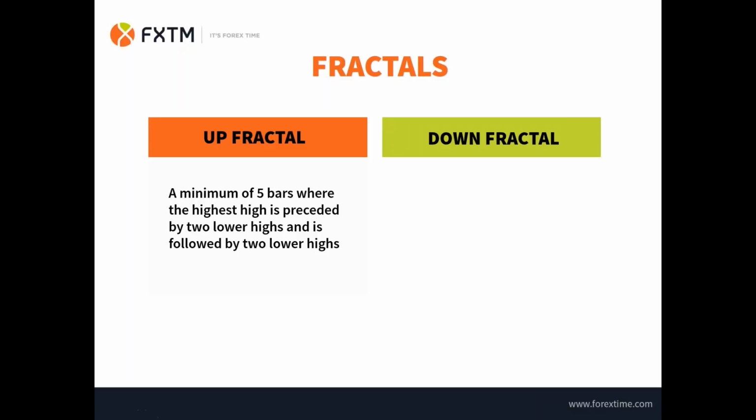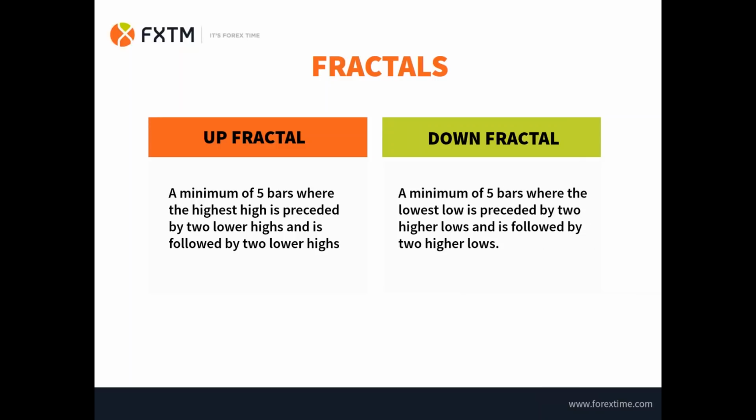A down fractal is very similar. It's a minimum of 5 bars where the lowest low is preceded by 2 higher lows and is followed by 2 higher lows. Again, this is a down fractal. Look at that.